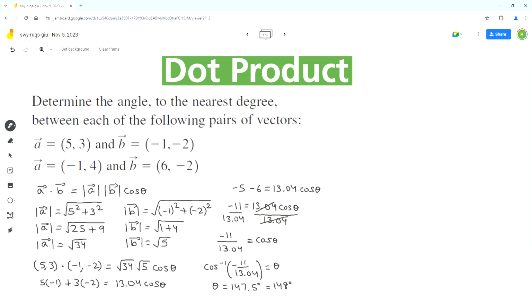Now we can analyze the second pair. So we have to use the dot product equation. Now we can find the magnitude of vectors A and B. So we'll square the x and y components, add the squares, and apply the square root to the sum.